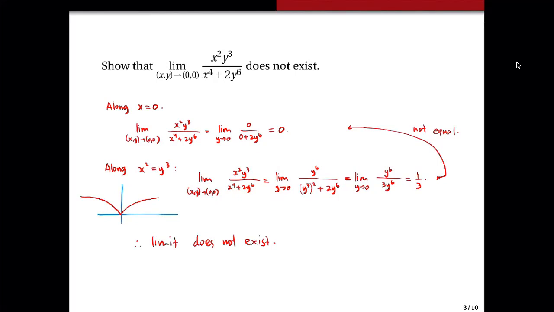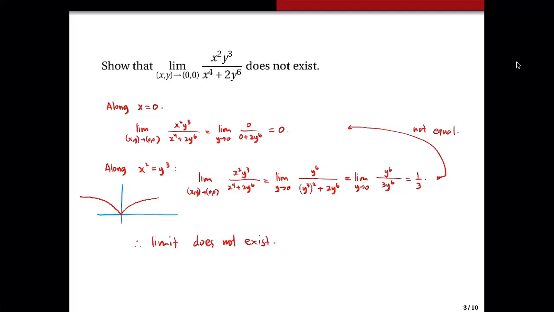Questions? Now, on the exam, I understand that sometimes you have to try several paths. You have to try several curves before you get different answers.